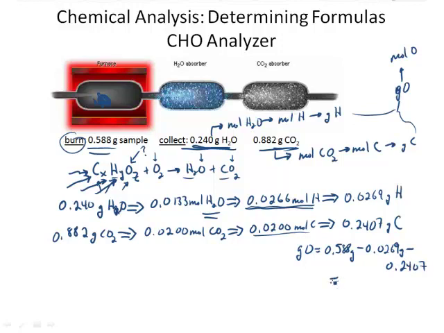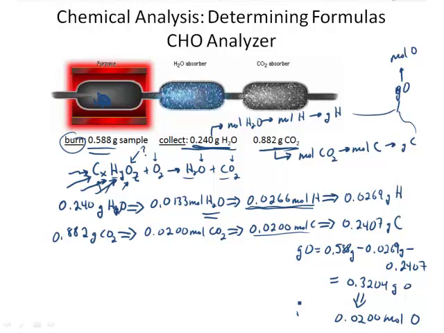And that gives us 0.3204 grams of oxygen. And let's go ahead and convert that into moles by dividing by 16. 0.0200 moles of oxygen. Whew!